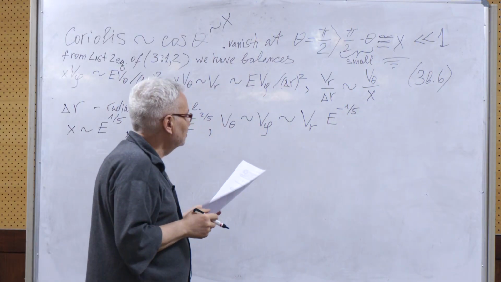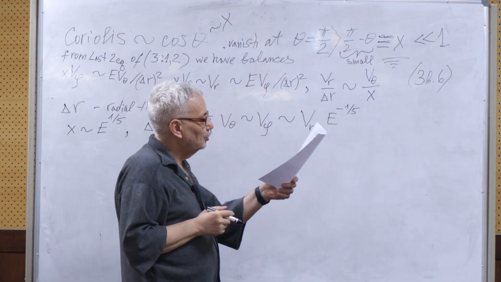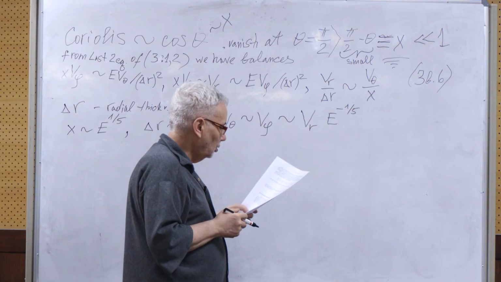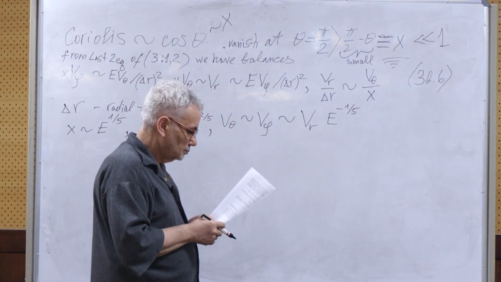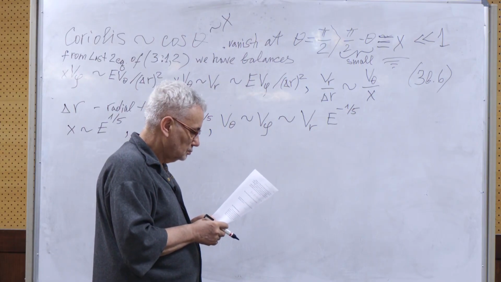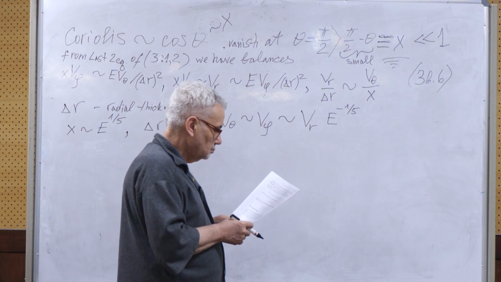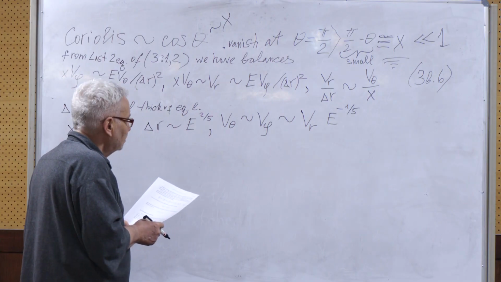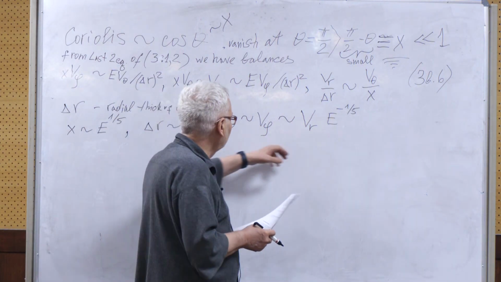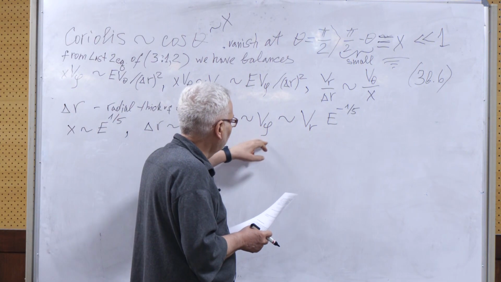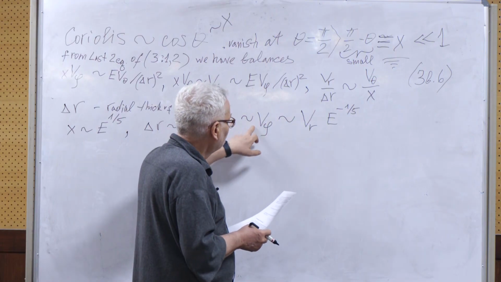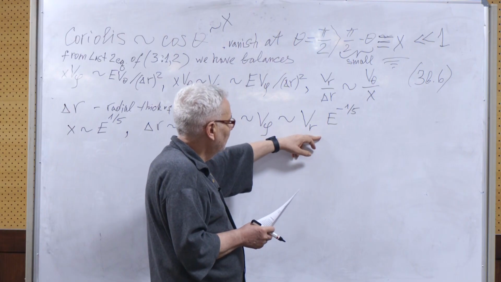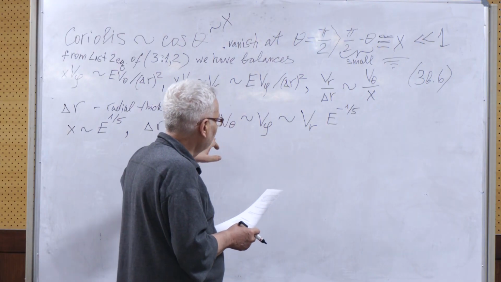It's no wonder, because it's quite difficult to overcome the radial direction, and so it should be small. Okay, E to the 1/5. So if we just return to this and estimate VR, we see that E to the 1/5 goes this way. So in some sense, the radial velocity is much smaller than the remaining velocity.